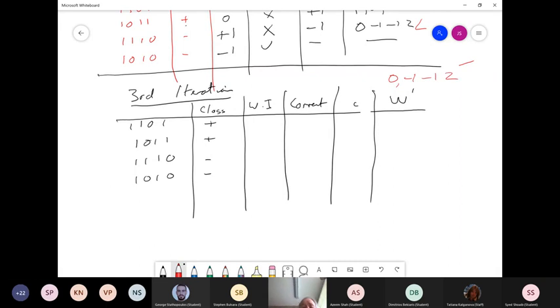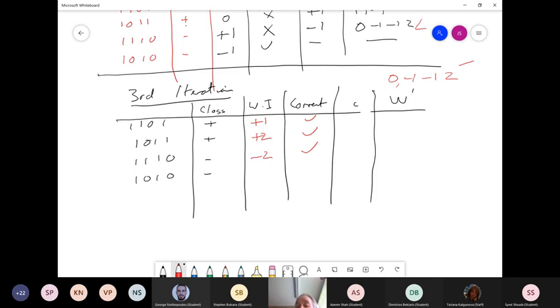Right, first scalar: 0, minus 1, 0, plus 2. Minus 1 plus 2 is plus 1. Correct. Second pattern: 0, 0, 0, plus 2. Correct. Third pattern: 0, minus 1, minus 1 is minus 2, and 0, minus 2.